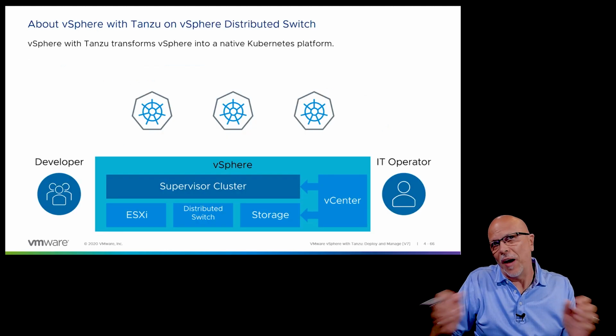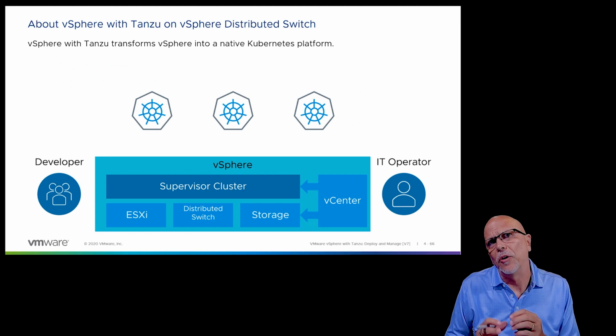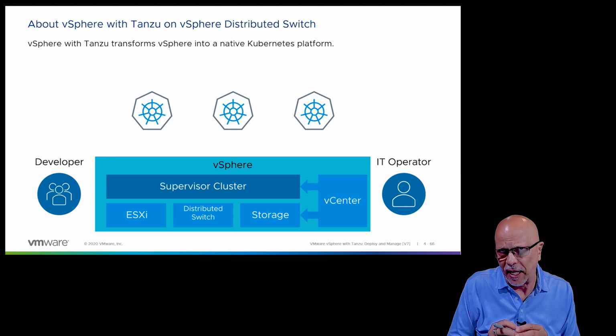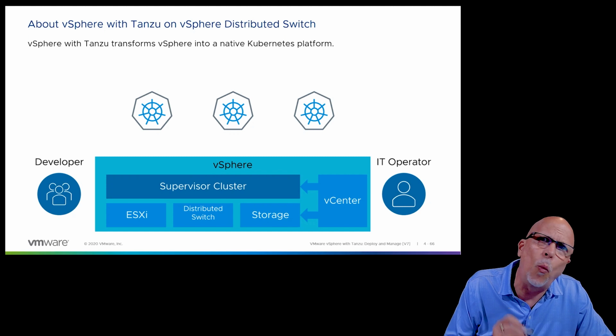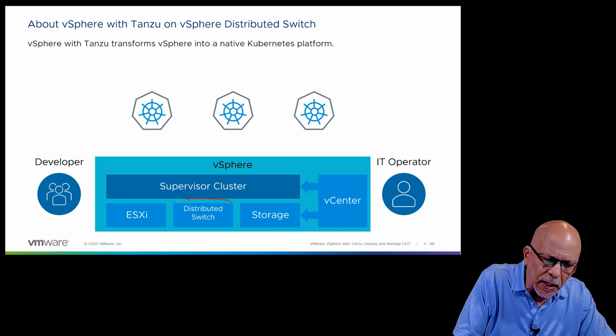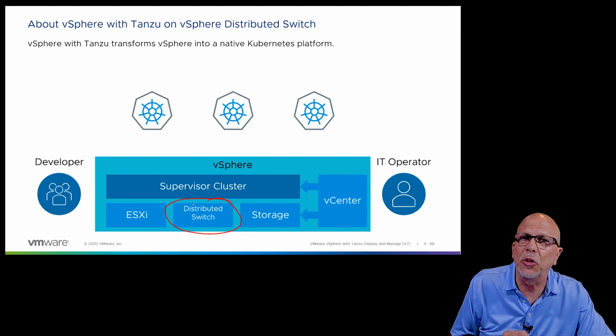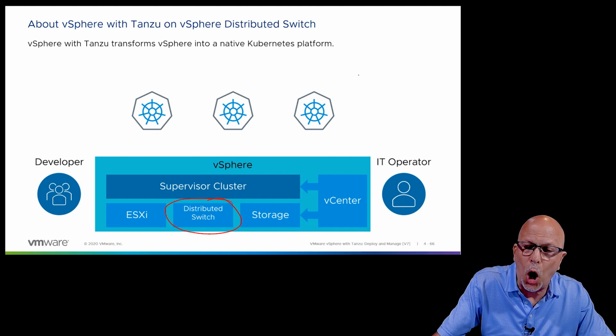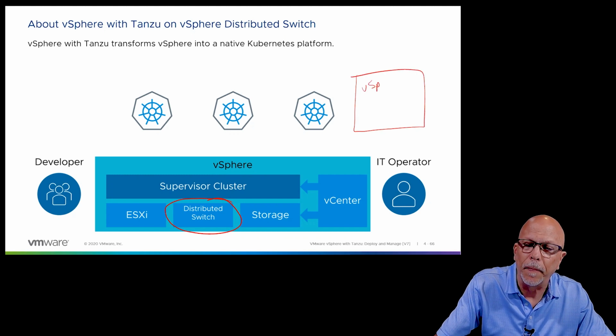From this picture that we saw earlier with using vSphere with Tanzu on top of NSX-T, it's very close to the same picture, but we're missing one component here. If we're going to be using vSphere with Tanzu on top of distributed switches, we no longer can use vSphere pods.